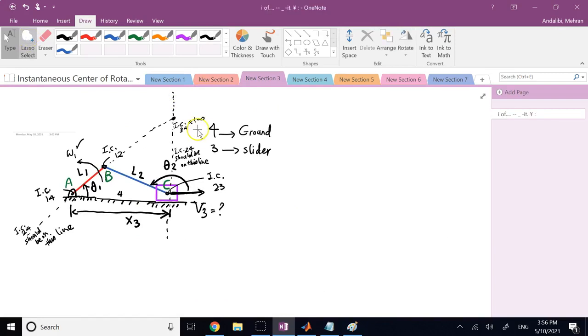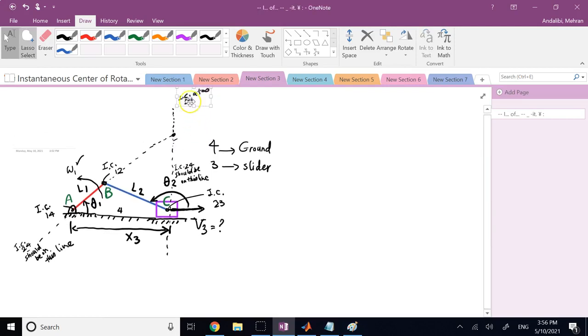And so here I say the instantaneous center of 3 to 4 is on this line, but at infinity. Okay, so this point here is the instantaneous center of 2 with respect to 4.